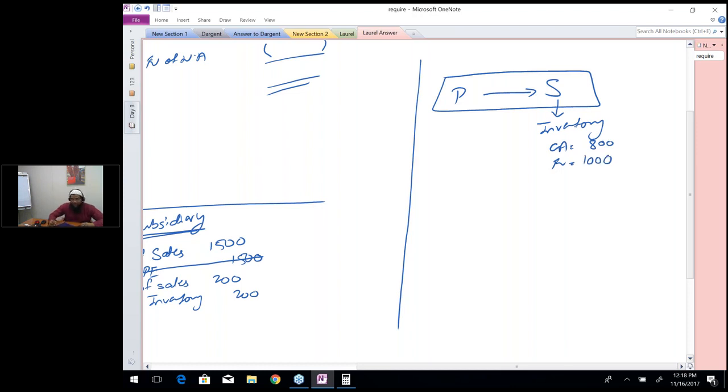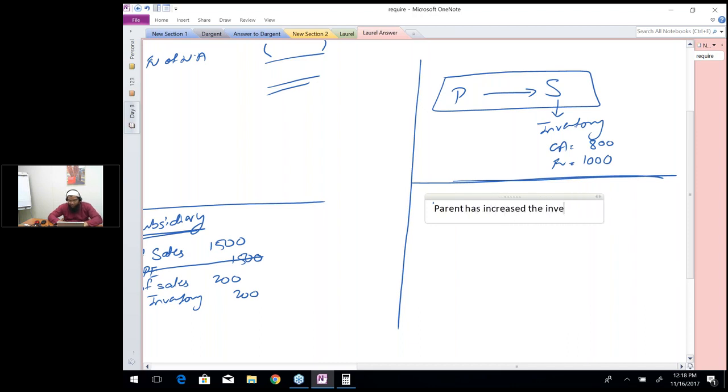This is the case. Now what happens is that the parent has increased the inventory by 200 at the date of acquisition.